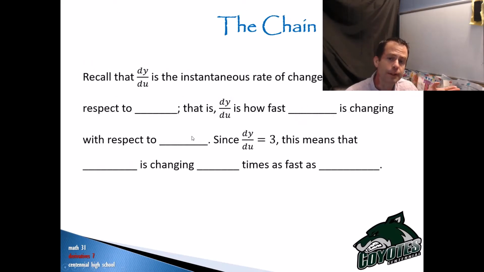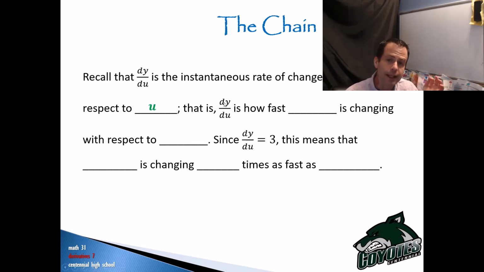Recall that the derivative of y with respect to u is the instantaneous rate of change of y with respect to u. I know I haven't used the phrase instantaneous rate of change in a lesson or two, but that hasn't gone away. The derivative is the slope of the tangent line, and it's also looked at as the instantaneous rate of change. So what does that mean?